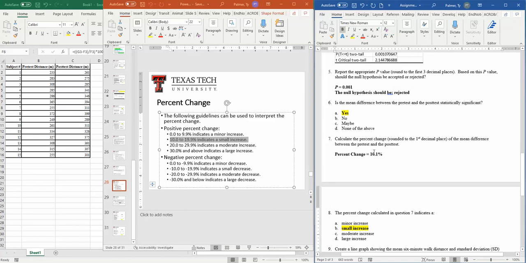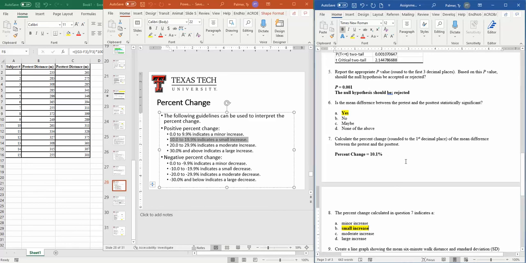When we compare pre-test versus post-test scores, oftentimes we calculate this statistic here, this percent change. And it just gives us an idea of how big, how large this difference is. If we were to just strictly look at the p-value, that really doesn't give us any information on how big the difference is. All we know from the p-value is if it's statistically significant or not.